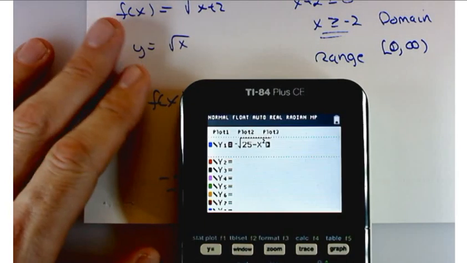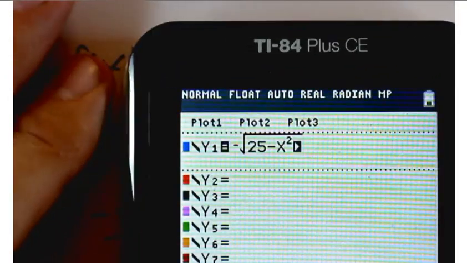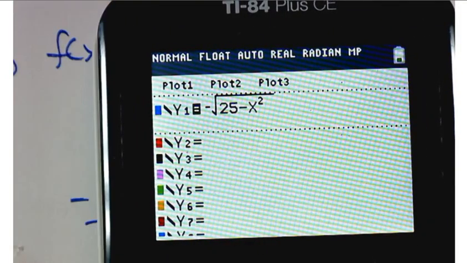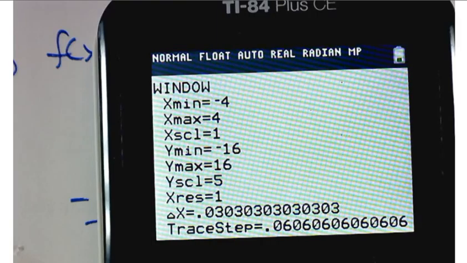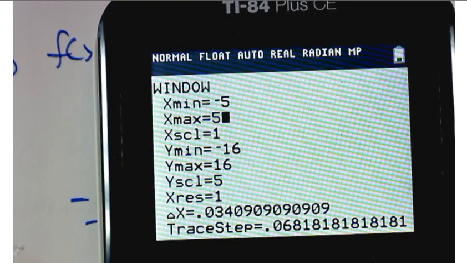The reason I want to point that out is because we can use that information to help set our window. Does anyone know what the graph of this is going to look like? Not too many of us. So let's let our calculator do the work. Let's set the window between -5 and 5. But where do we set the y coordinates?